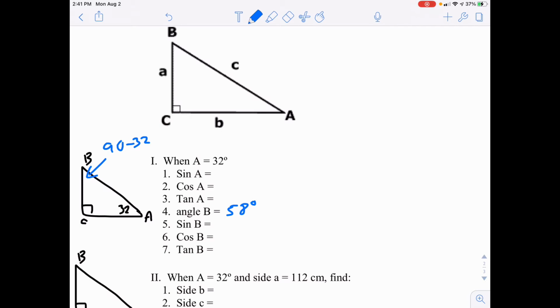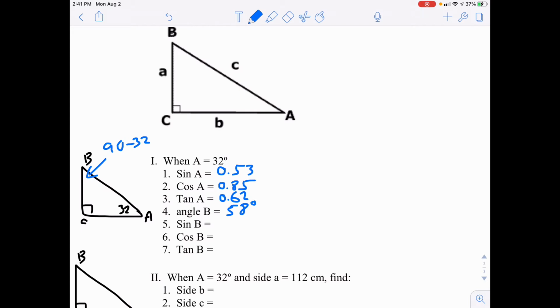Okay, the sine of 32, you should have gotten 0.53. The cosine of 32, you should have gotten 0.85. And the tangent of 32, you should have gotten 0.62.